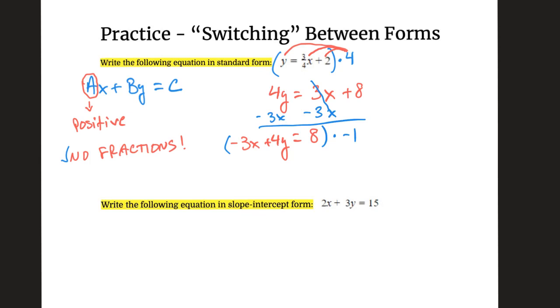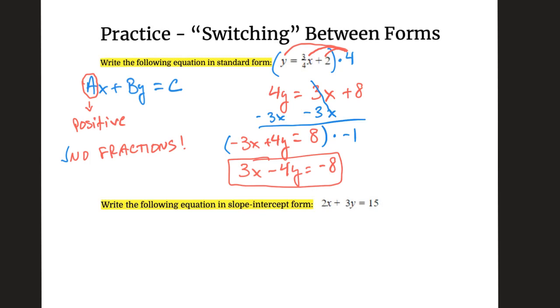So this turns into positive 3x, the positive 4y turns into negative 4y, and the positive 8 turns into negative 8. And there we go. We have ax plus by, x and y, our a value is positive, and we don't have any fractions. Yep, we are good. Bam. There we go.